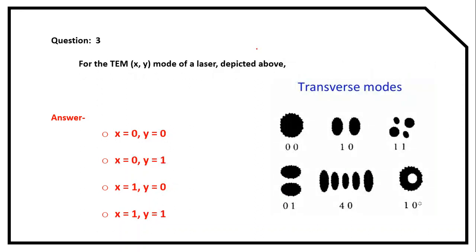Actually, I think we missed the diagram. It was something like this, where we had this dark phase, and here there were four white colored lobes.